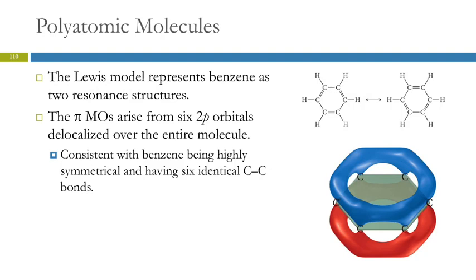Benzene is a molecule that you'll run into in organic chemistry a lot, and other compounds like it. Here we have, it's called an aromatic ring. It's 6 carbon atoms, and they have alternating double and single bonds in Lewis theory. Well, what's actually true is that they are all 1.5 bonds.